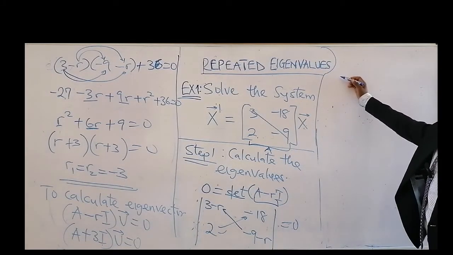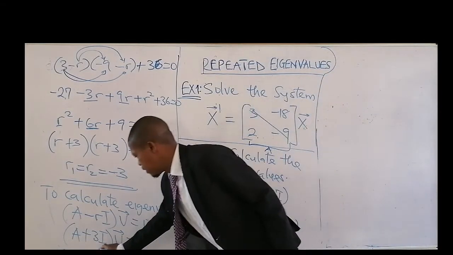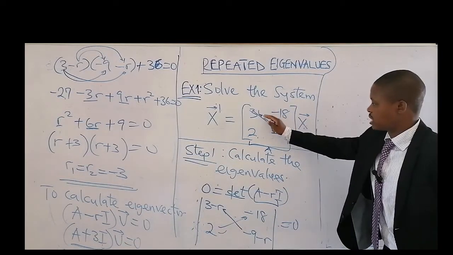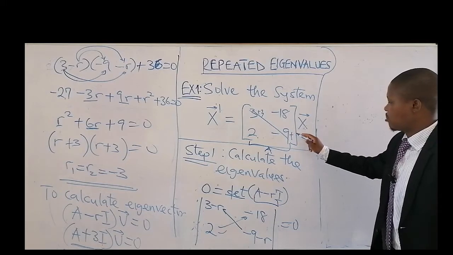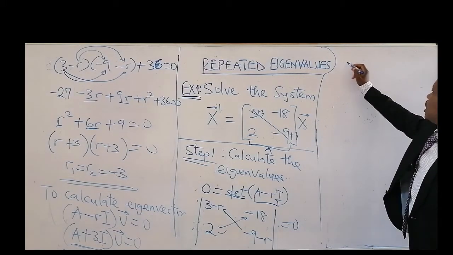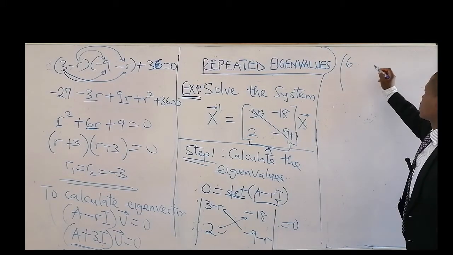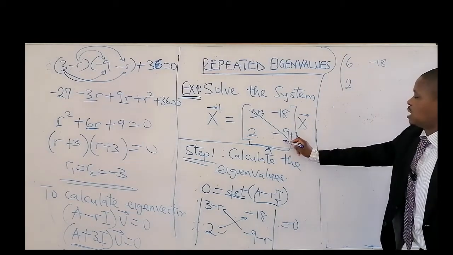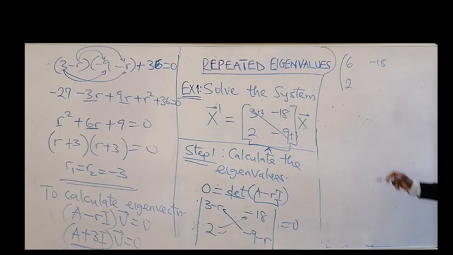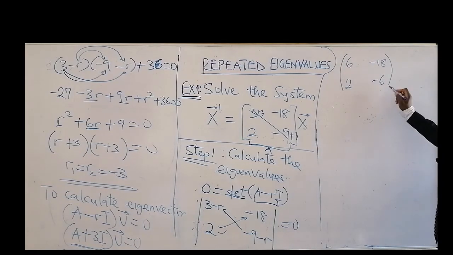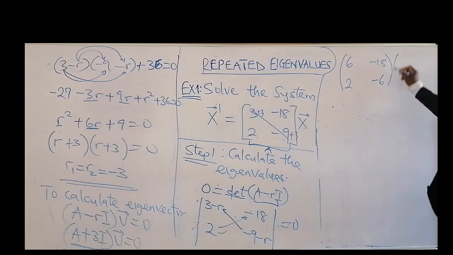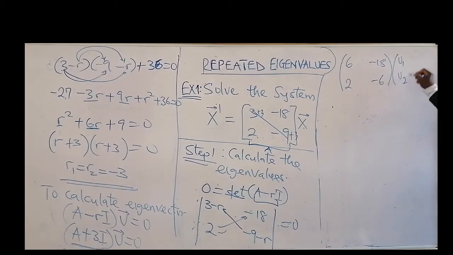The meaning of that expression is to go back to your matrix and add plus 3 to your leading diagonal. So that will be 6, 18, 2, and minus 9 plus 3, that's minus 6. And then this one is your eigenvector, with components u1, u2, equal to 0, 0.